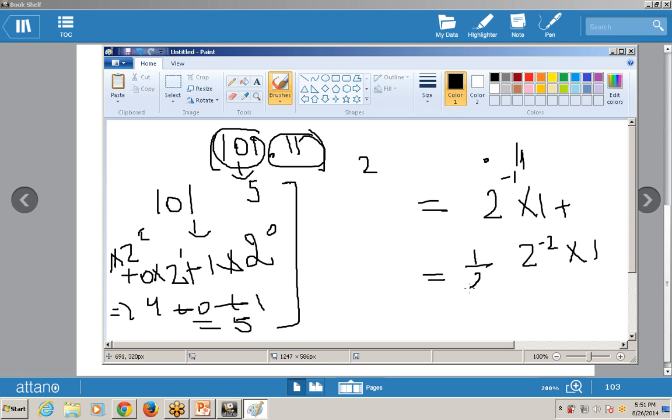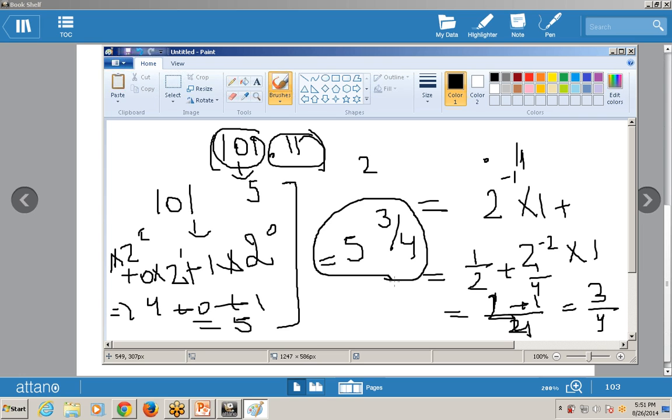Whenever we go along the fraction, the negative power increases. This is 1 by 2 and this is 1 by 4. Now take the LCM. The LCM is 4, so this is 2 plus 1, and the output is 3 by 4. So I can represent the output as 5 and 3 by 4. This is how we can represent the output.